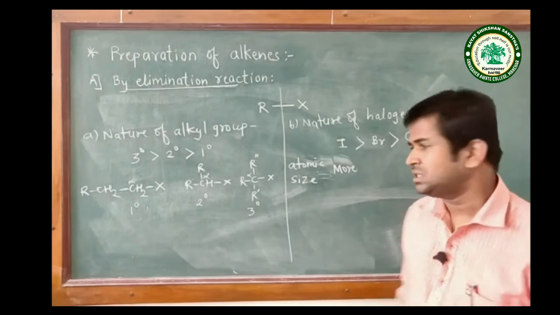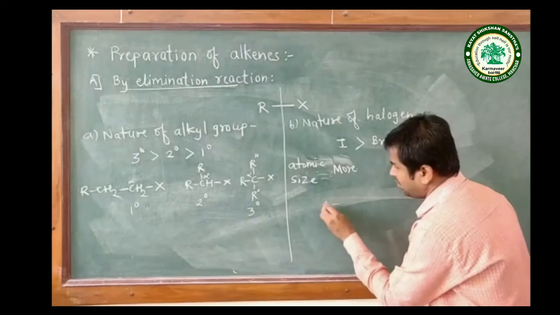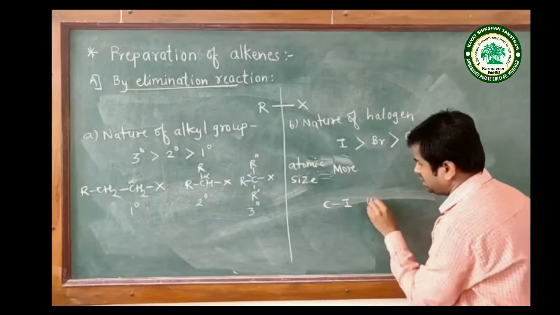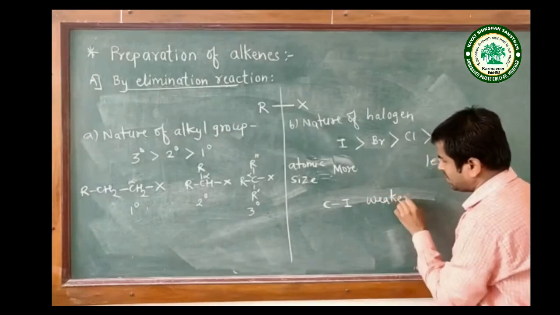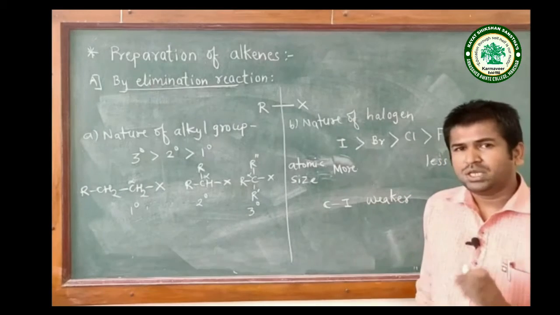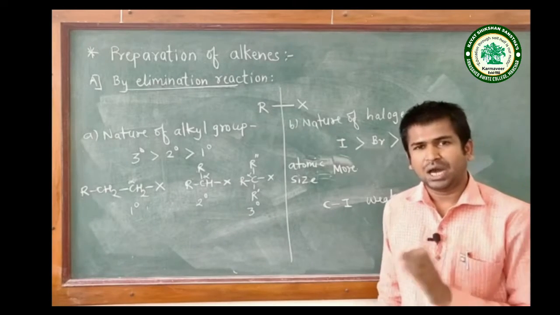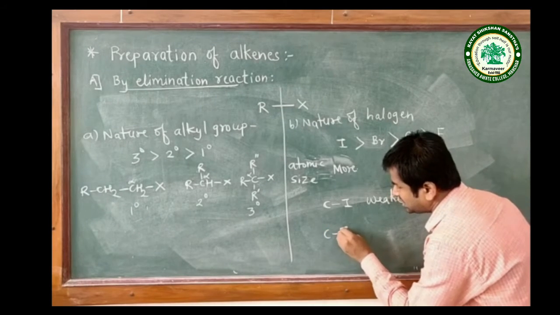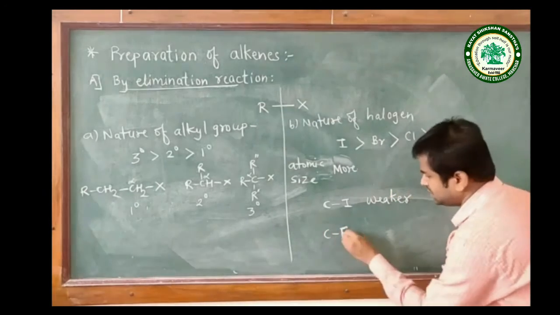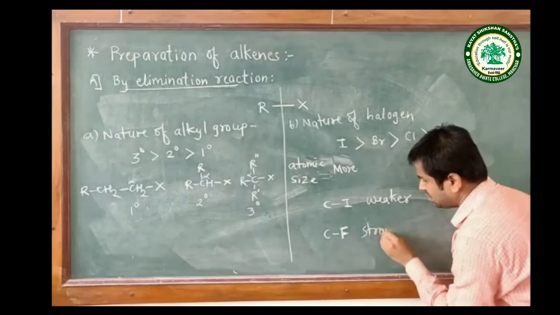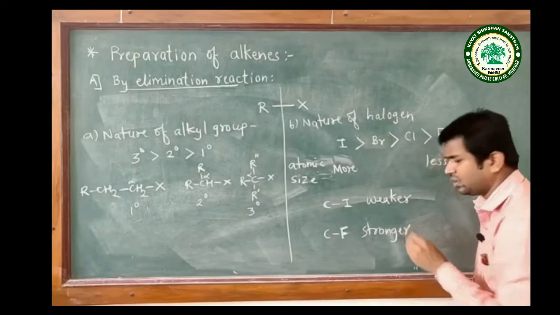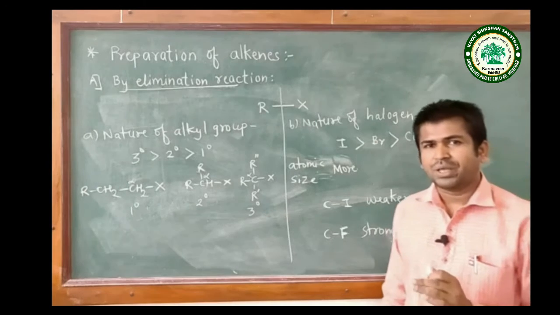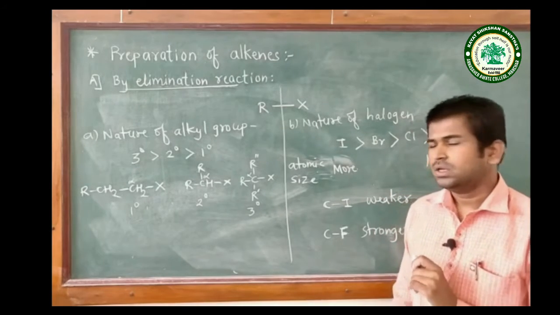Since it is larger in size, the C-I bond is weaker, and therefore it is easy to break the C-I bond. While due to the smaller size of fluoride, the C-F bond is stronger, and it is difficult to break the C-F bond.